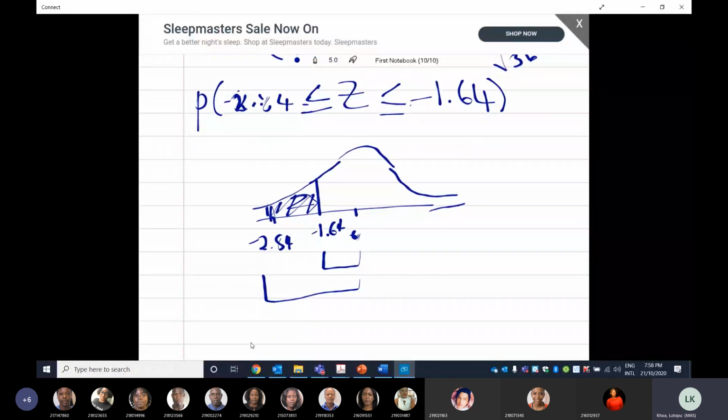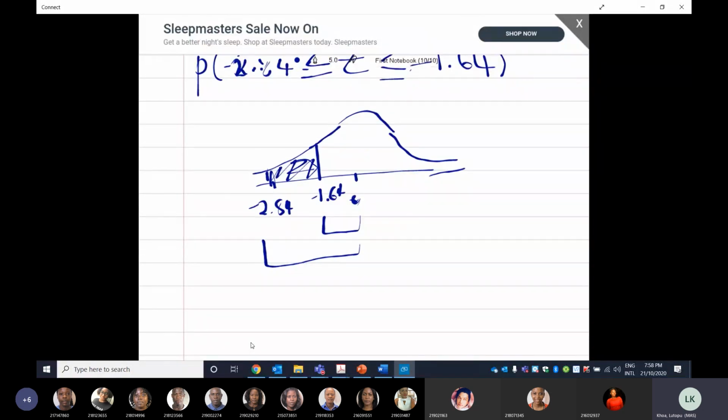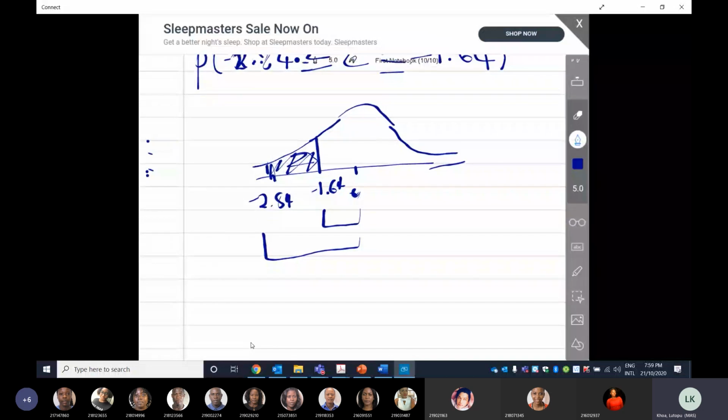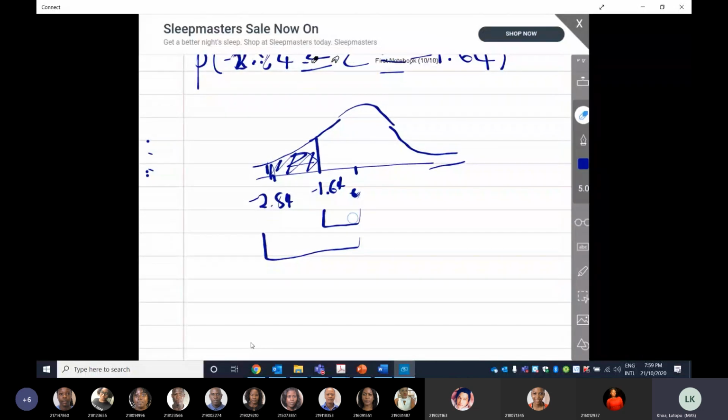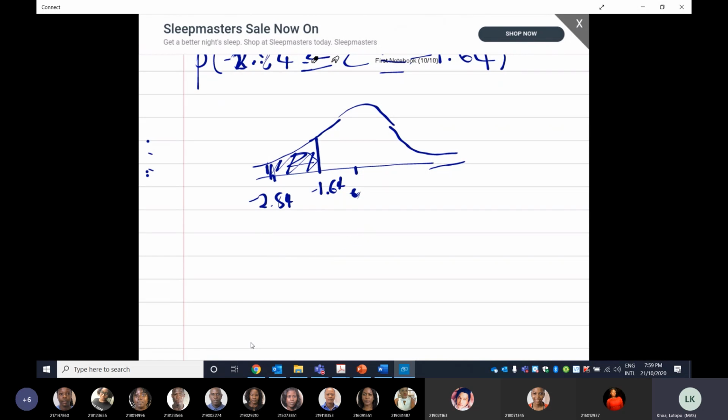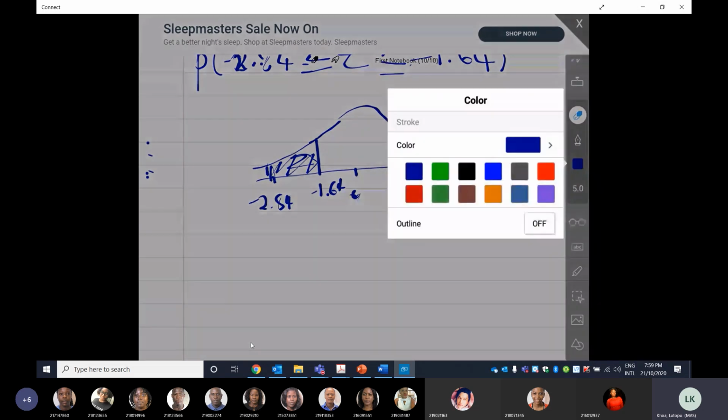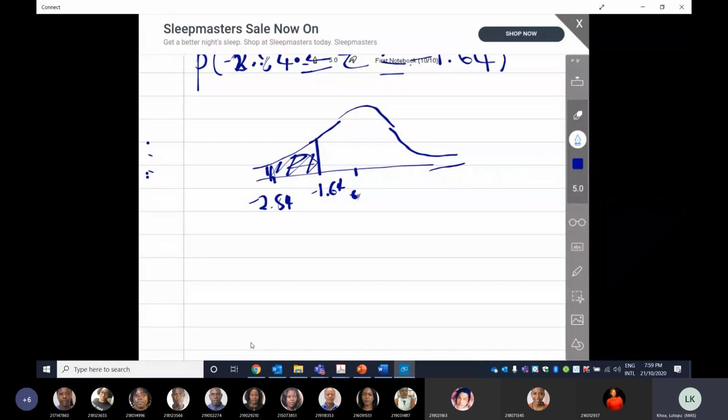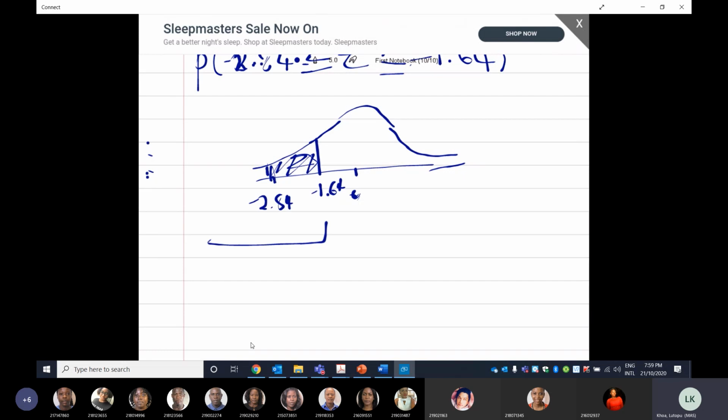Okay, so what we could do is read the area from negative 1.64, but our table is giving us this area here. Sorry, I'm trying to find my eraser. So from our table, what it is giving us is this. If I read the area from 1.64, it'll be this area going that way.